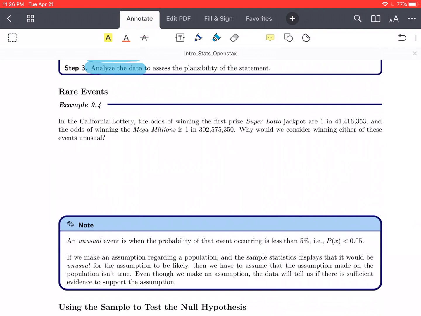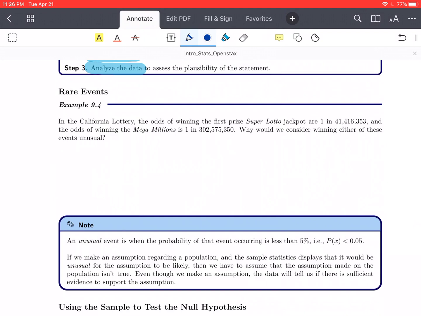Why would we consider winning either of these events unusual? You might just look at that and say the odds of winning are extremely low, right? But we can actually put a number to that.